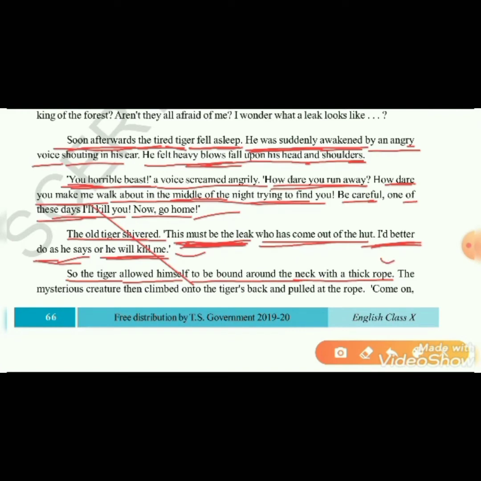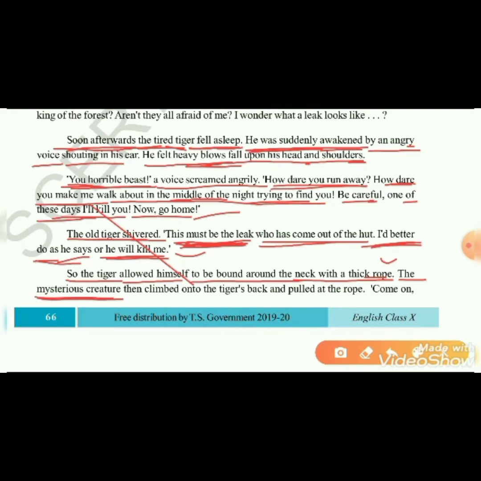What did the tiger allow? The tiger immediately allowed a thick rope to be tied around its neck. It's not a simple rope. It is a thick rope around its neck. The mysterious creature then climbed onto the tiger's back and pulled at the rope.